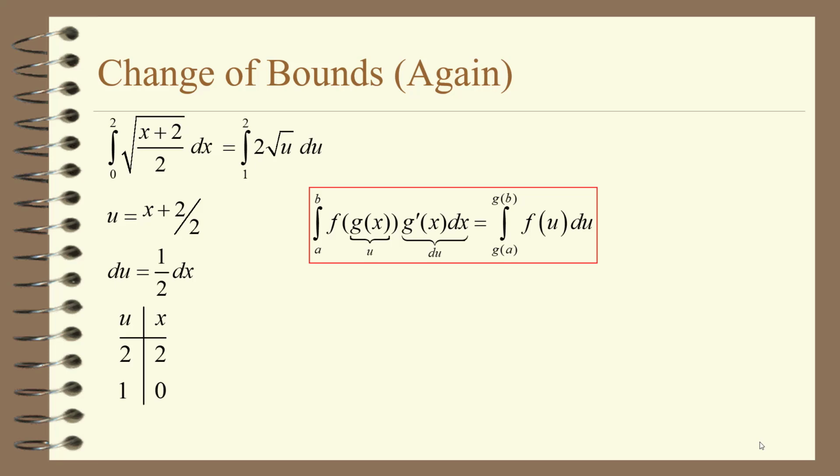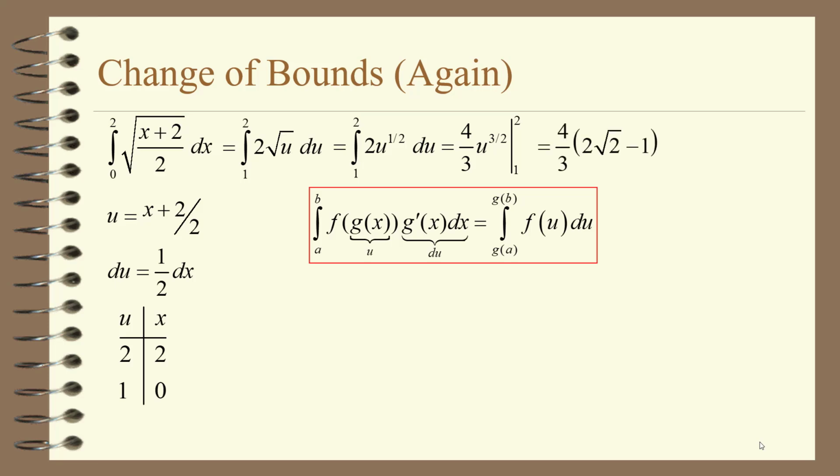Now I just proceed. To find this definite integral by the fundamental theorem of calculus, I can evaluate it by finding an antiderivative. I'll rewrite the integrand so that I use a rational exponent. I'll add 1 to the exponent, multiply by the reciprocal of that particular power to get the antiderivative 4/3 u to the 3/2. I'll then evaluate that at 1 and 2 and subtract. When you do so, you get that number.